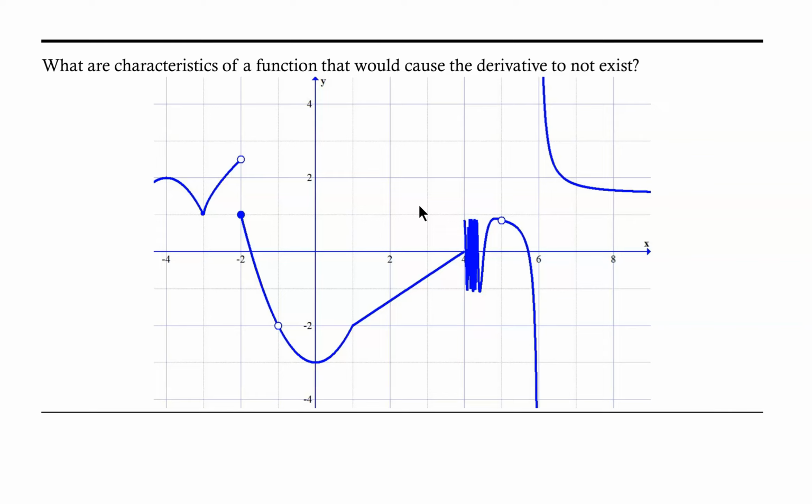Now that is a cusp, and I'm going to zoom in.